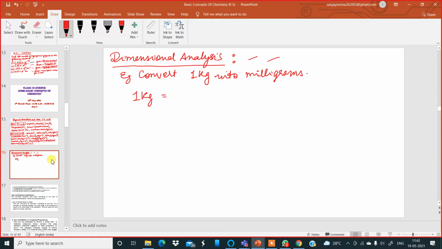1 kilogram contains how many grams? 1000 grams. And we know 1 gram again contains 1000 milligrams, isn't it? This is how you do the conversion. Now again I can write the same thing as 1 kilogram is equal to, now converting into milligram, 1000 multiplied by another 1000.